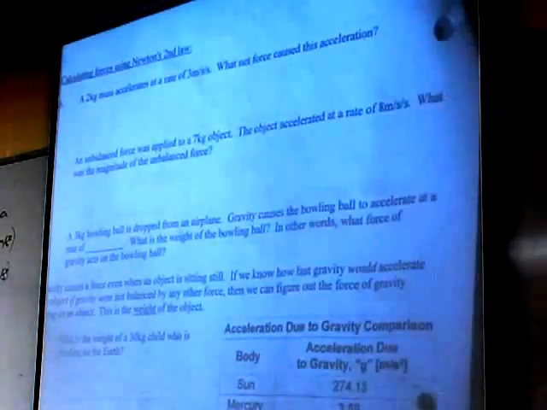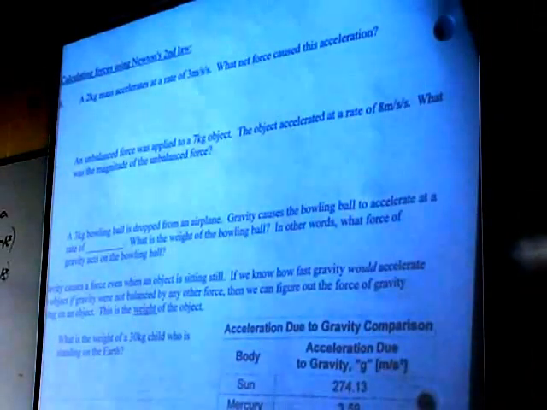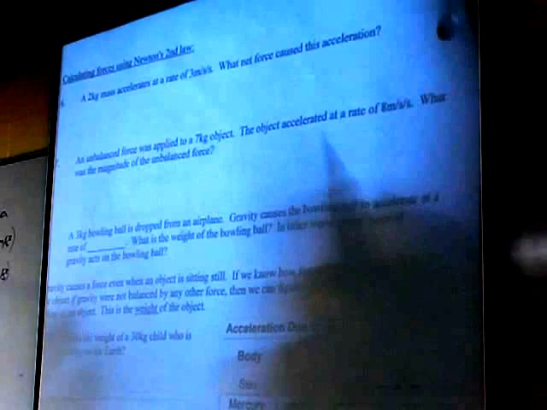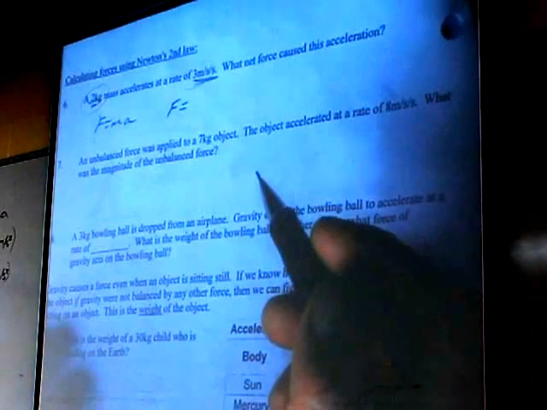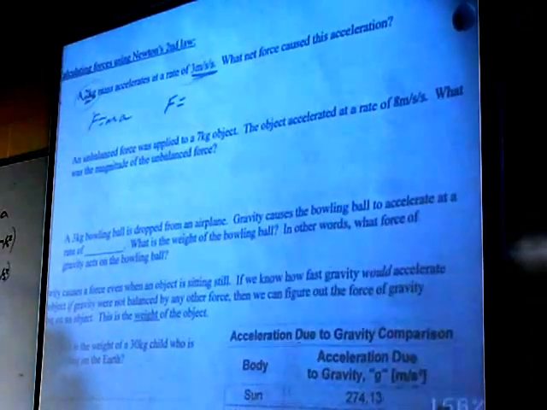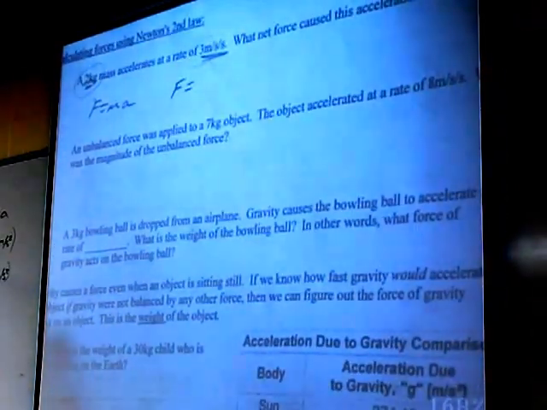The first three things over here are just practice using the formula. This is really straightforward. I just want you to see how I'm using the formula. A 2 kilogram mass accelerates at a rate of 3 meters per second squared. What force caused this? This is straightforward: write down the formula, plug stuff in. What's the mass? Is that 3 or is that 2? 2 kilograms.